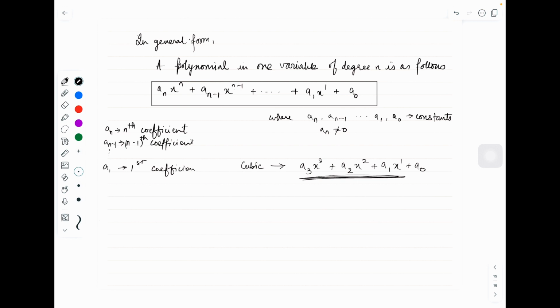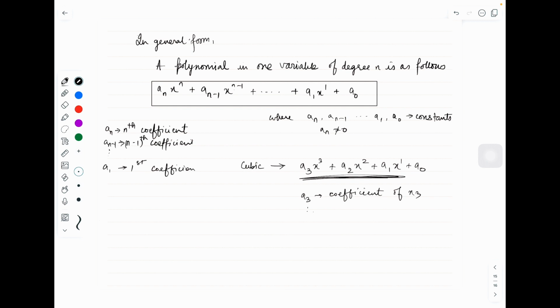So this is the better form: a3 x to the power 3, where a3 is the coefficient of x cube, and so on. Understood? So this is the general form.